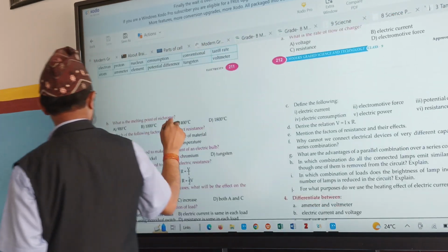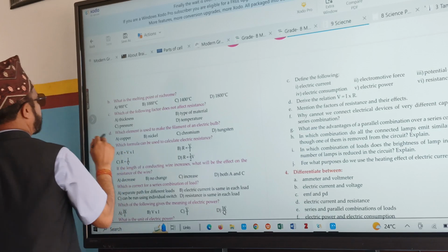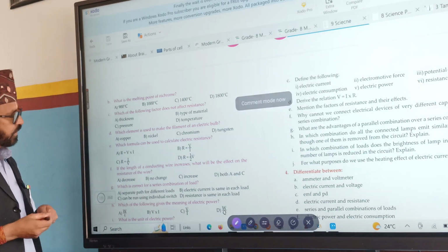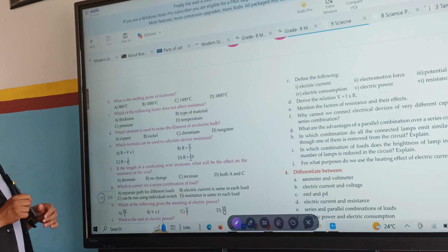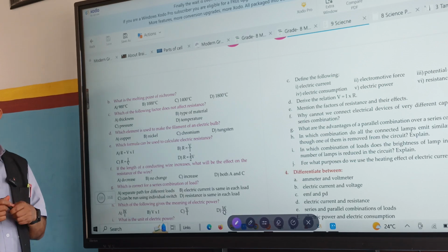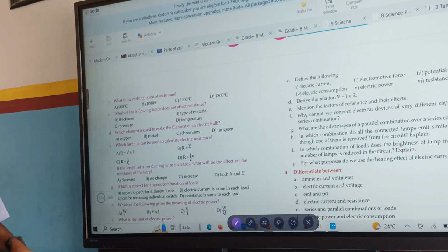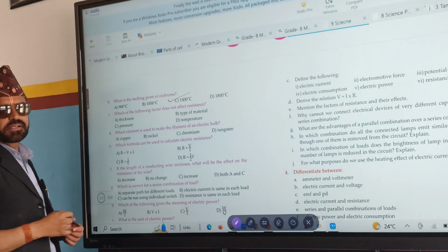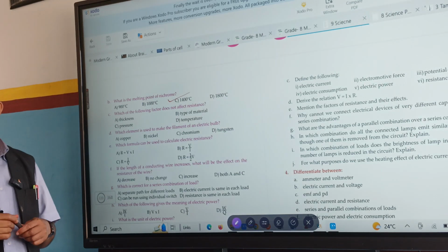Also, now group, now it's the turn of Newton. What is the melting point of nichrome? 1400 degrees centigrade. They found it. That's right. This is 1400 degrees centigrade. Right? Now Tesla.